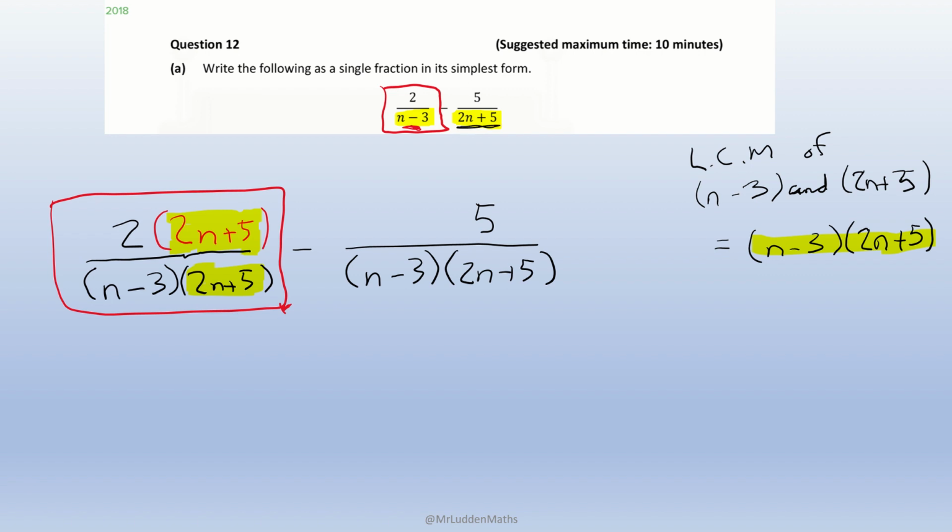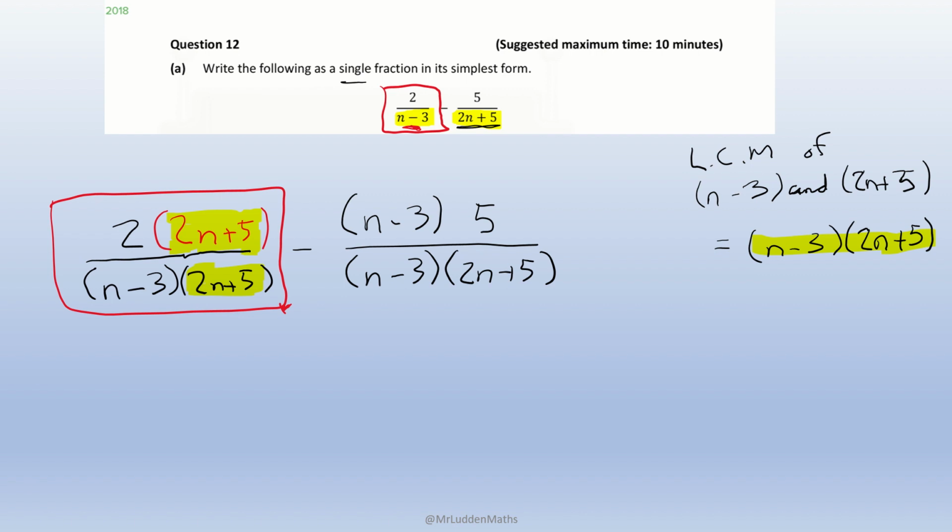I've got to multiply that by n minus 3 to get this fraction down here. So I'm going to have to do the same to the top. So I'm going to have 5 times n minus 3. Now, I know it looks a small bit more bulky or a bit more untidy than our original one, but this step was necessary in order to write my fraction as a single fraction in its simplest form, and that's what we're going to do in our next step.